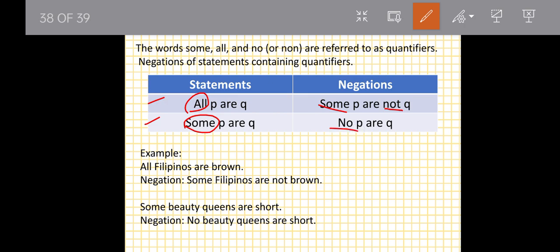For example, this is our statement: all Filipinos are brown. This is our P, and this is our Q. The negation: all becomes some, take note, okay?